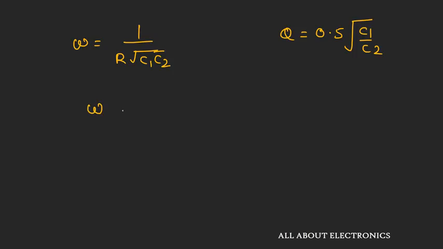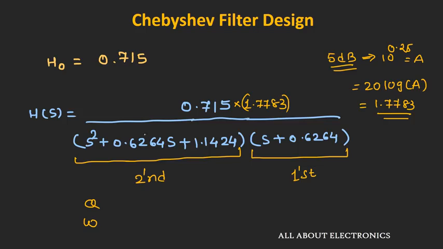So far, we have considered this transfer function for a frequency equal to 1 radian per second. But in our design, we require the cutoff frequency omega c or omega p equal to 2500 radian per second. So to get the transfer function, simply replace s by s divided by 2500, and you will get the transfer function for the cutoff frequency of 2500.